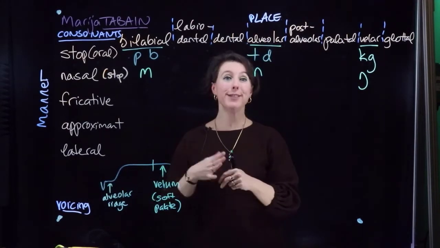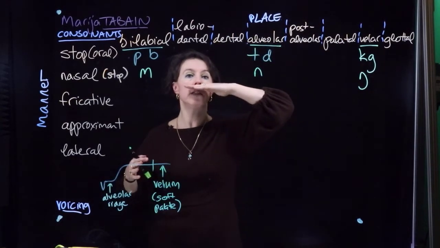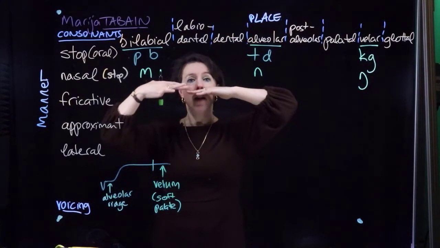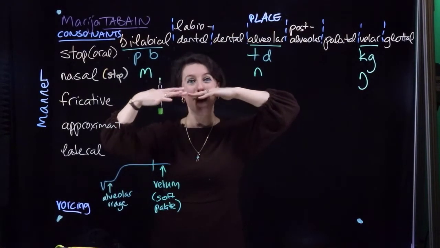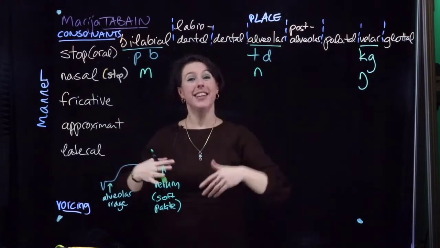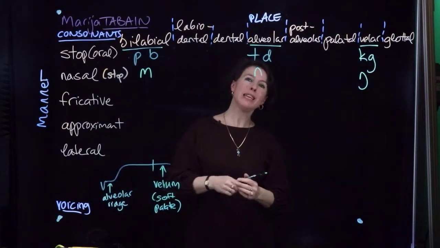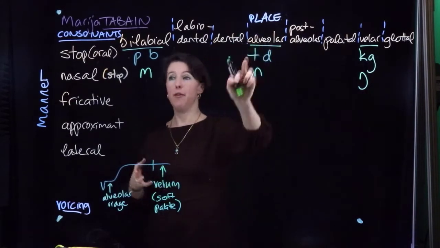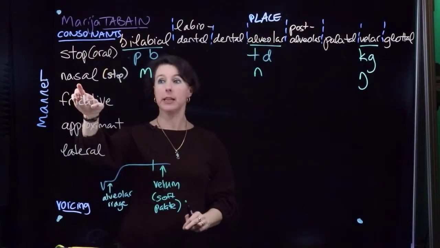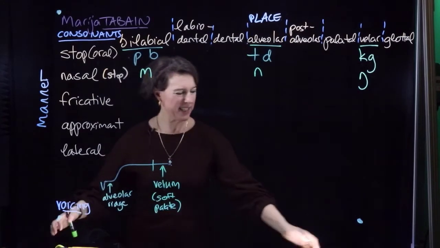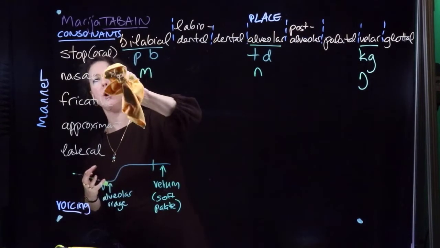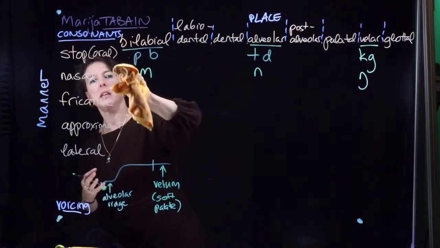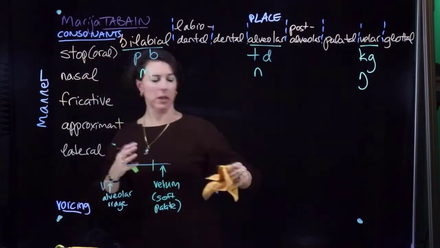But the difference is for n, try it, it's just nice warm air coming out through the nose. So that's the alveolar nasal. I'll just rub out stop because I might end up calling it a stop.